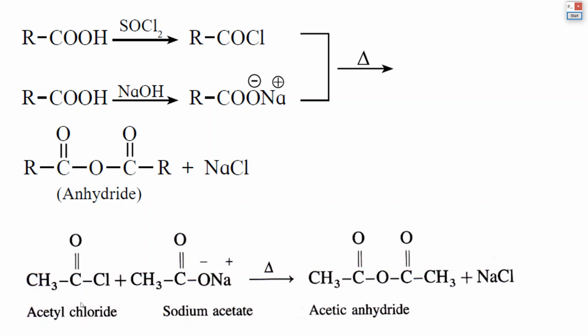This type of question will be asked in the board exam. The explanation of this reaction: acetyl chloride, when heated with sodium acetate, gives acetic anhydride and sodium chloride. So this is all about this reaction.